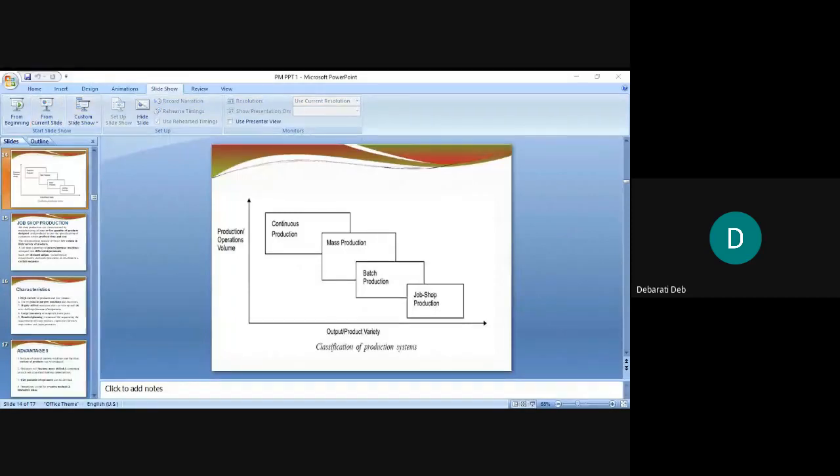So now let us discuss these different types of production elaborately. First is job shop production. This is characterized by manufacturing of one or a few quantity of products designed and produced as per the specification of the customers within prefixed time and cost.